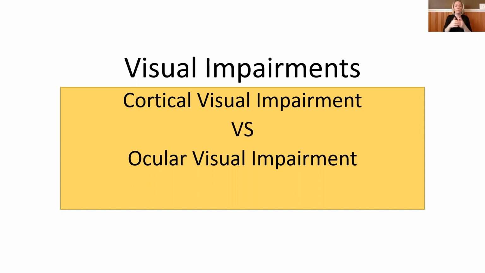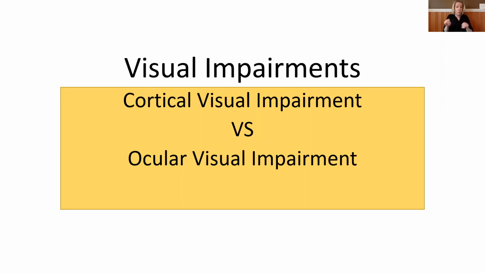So we have a comment: my understanding is cortical is damage that occurs in the visual cortex, versus cerebral damage occurs in other areas of the brain that also impact vision. Okay. I don't know that I've heard it defined that way, but that doesn't mean that that is not correct.